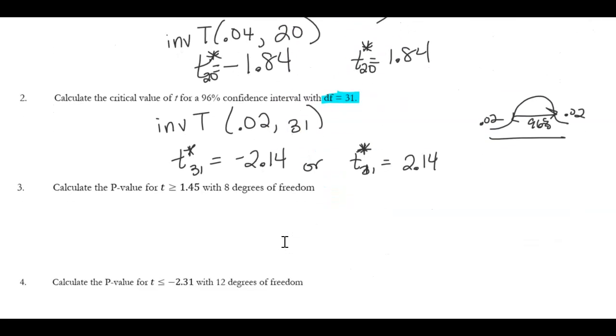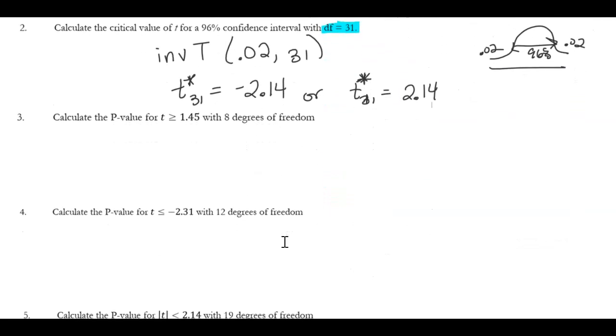Okay, so now for this one, we need to calculate a p-value when T is greater than 1.45 with 8 degrees of freedom. Okay, so what this is saying, a t-value, that's just saying a t-score, which is how many tick marks you are away from the mean.